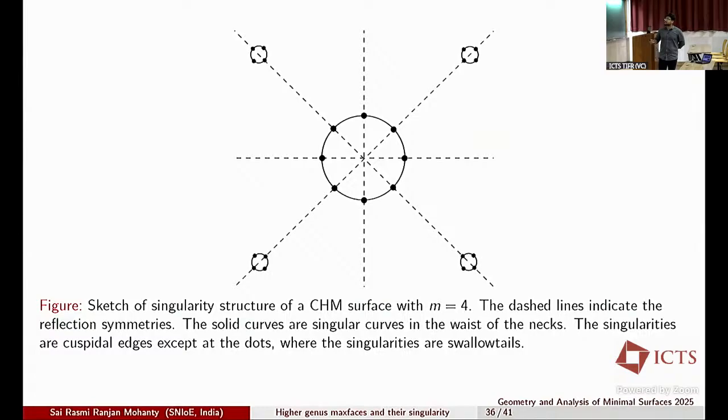And this is the second level neck. Each contains only 4 swallowtails, and all other solid circles are the cuspidal singularities. So this is the singularity analysis of the family of surfaces we constructed.